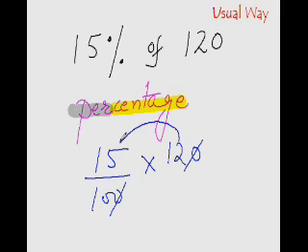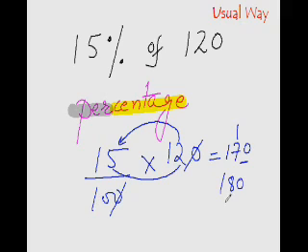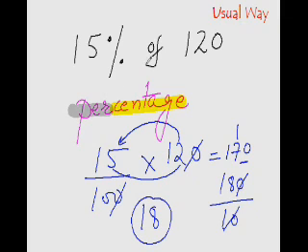But as you have yourself seen, despite using the shortcut technique, calculating the usual way takes time and effort, isn't it? So now let me show you the easy way, the faster way of finding the percentages.